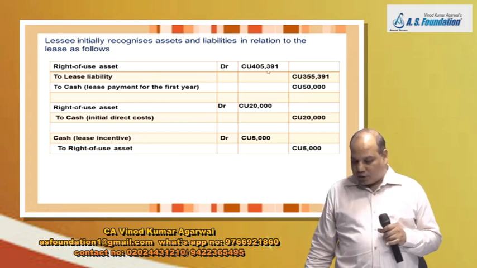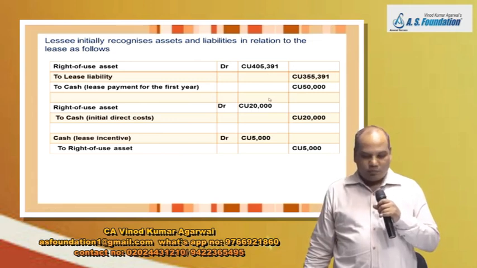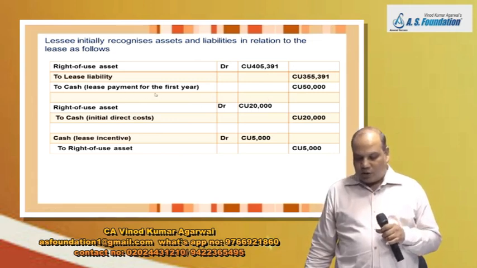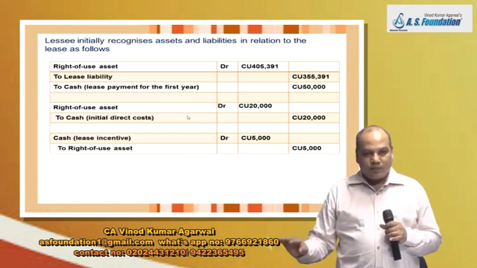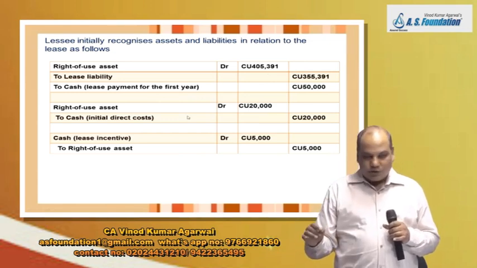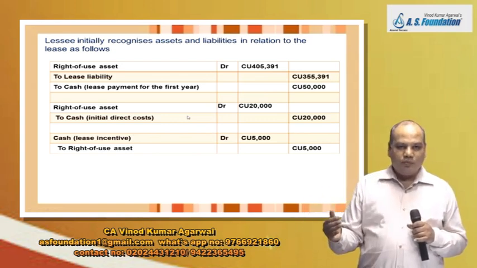Otherwise you can pass two entries if you want here. Right of use asset to lease liability 4,05,391, lease liability to cash 50,000, being lease payment of the first year paid in advance. Then this party, that is the lessee, has incurred 20,000 initial direct cost.